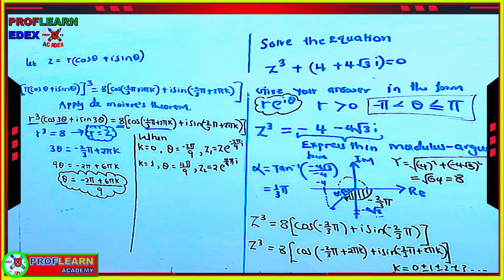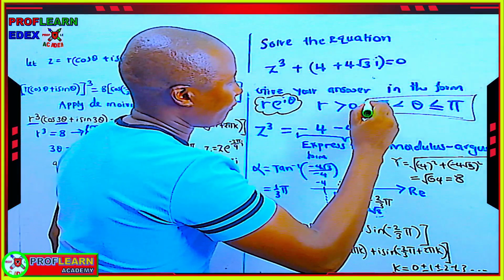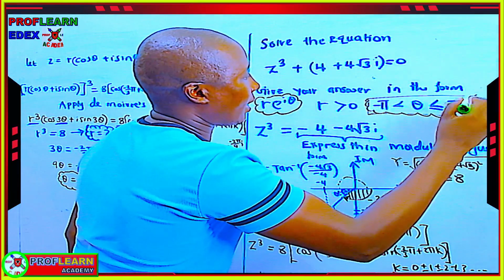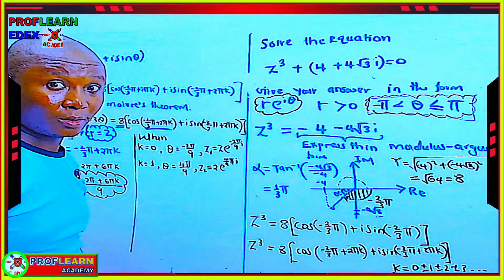Next we are going to find when k is 2, and there's something phenomenal that is going to happen. When k is 2, you have to keep having a look at the range of values of theta that you are told.